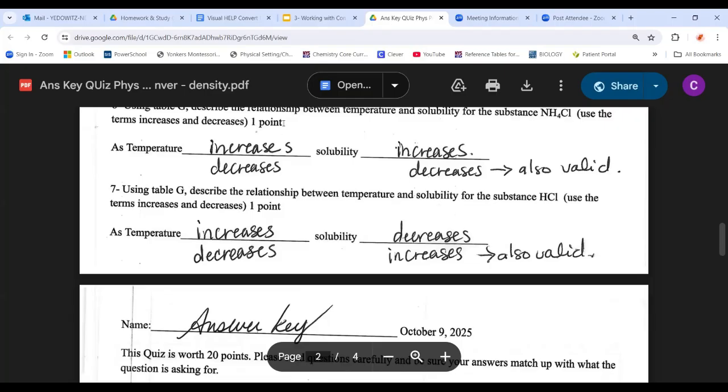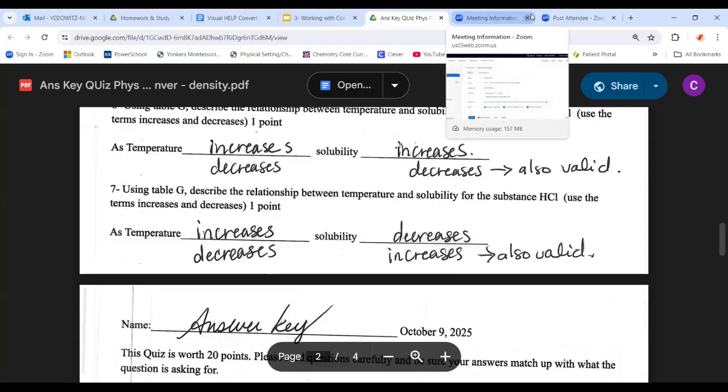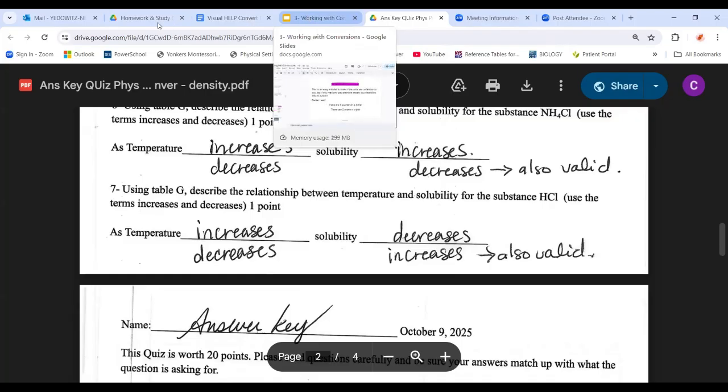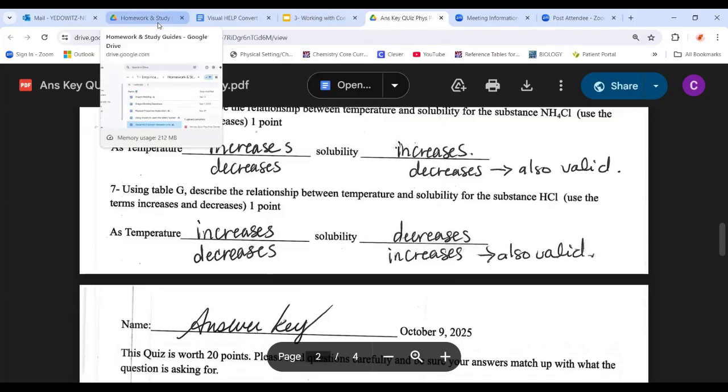And then for the graph, table G, we talked about this in class. I explained to everybody that the only table G question I was going to be asking, you're not going to start getting more quizzing on solubility until next week.